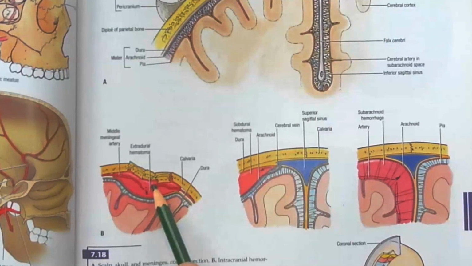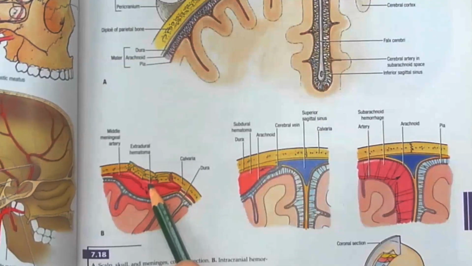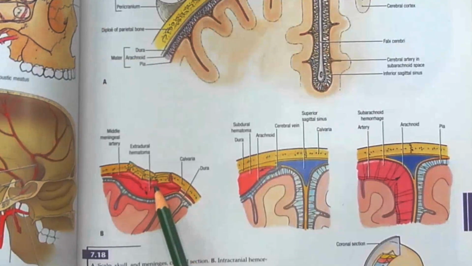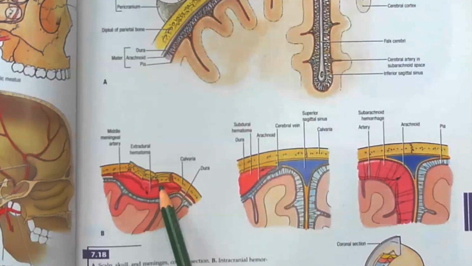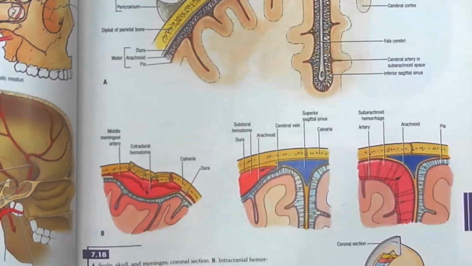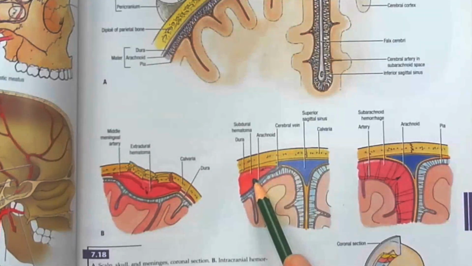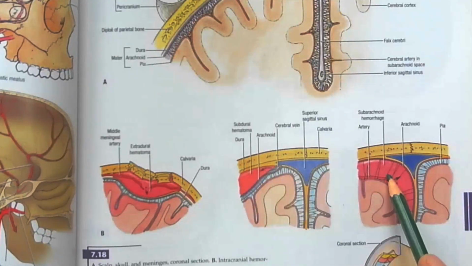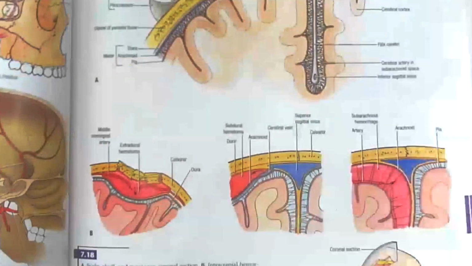And according to the location of the vessels which rupture, opening the area for flow of blood, we name them. So this one is called extradural or epidural hematoma. That one is subdural, from the bridging veins, and that one is subarachnoid. So we see three different hematomas.